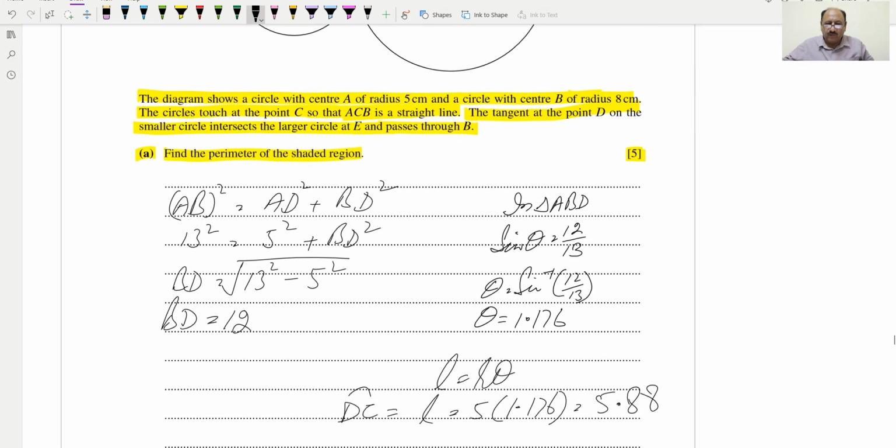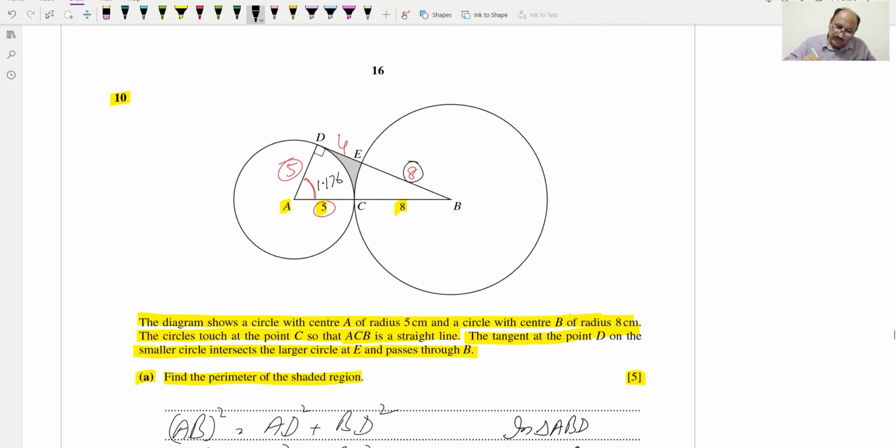Now we can find X. This angle is X. So we can find X, which is 5 over 13. We can take sine: sine X will be equal to 5 over 13. So X will be equal to sine inverse of 5 over 13, or you can apply 90 minus that one also, but I'm using this.